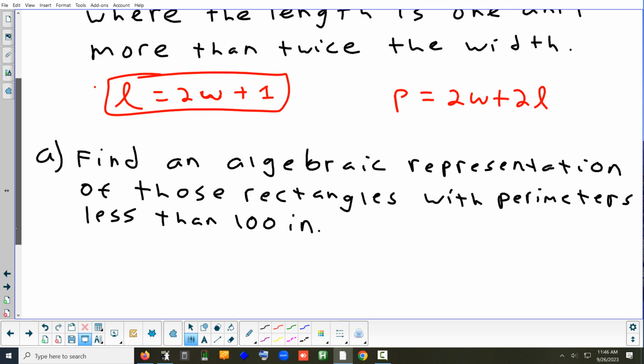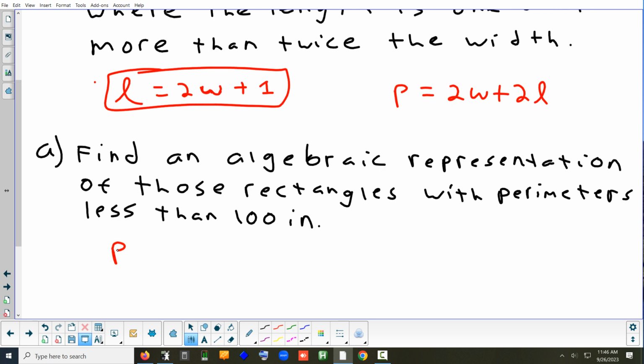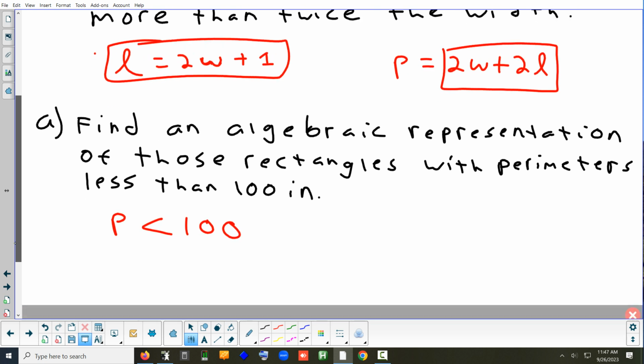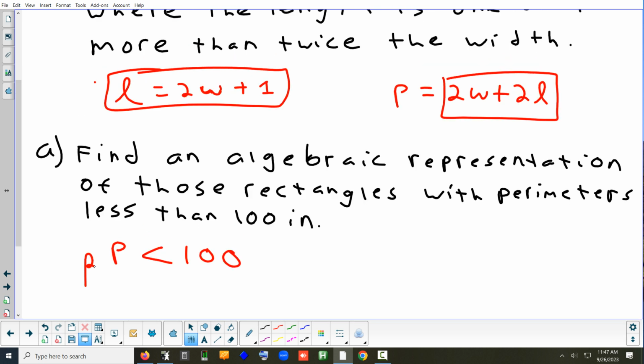And in this case, they're telling me that the perimeter is less than 100. Okay, well, there's the perimeter, 2w plus 2l. So change P to 2w plus 2l. Perimeter is less than 100. But I can replace something here and get that all in one variable.